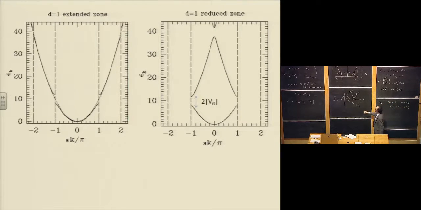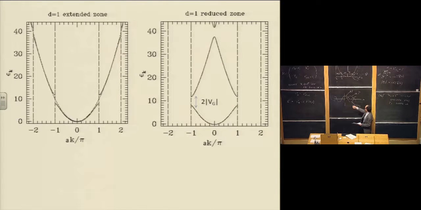You see where psi plus is very large, that's where V of x is positive, and where psi plus is small is where V of x is negative. So that means psi plus, E plus, is pushed up in energy because it's experiencing mostly the positive potential.